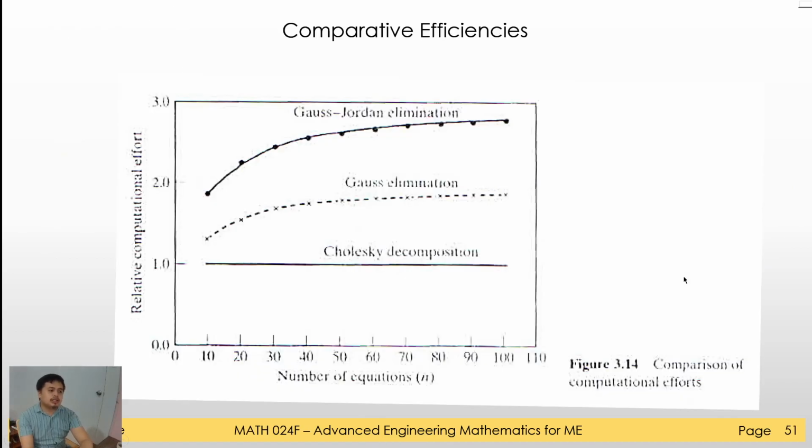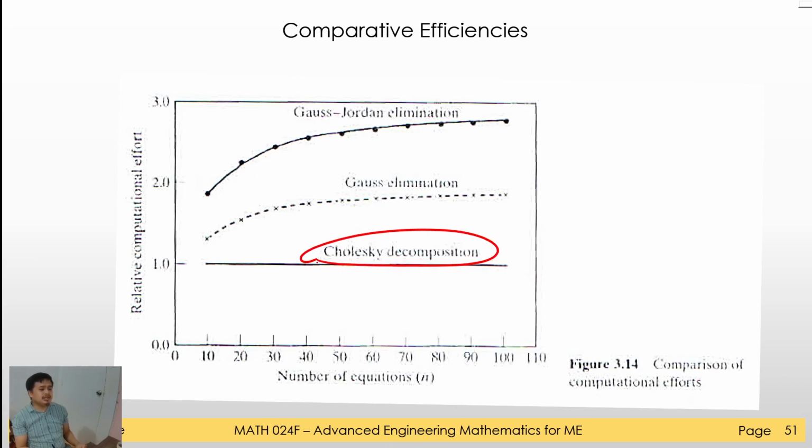Let's see the comparative efficiency of the three different direct methods. So comparing the number of equations, as you can see now, versus the relative computational effort of the three direct methods here: the LU decomposition, Gaussian elimination, and the Cholesky. As you can see, the most efficient still will be the Cholesky, assuming that it is a symmetric matrix, of course.